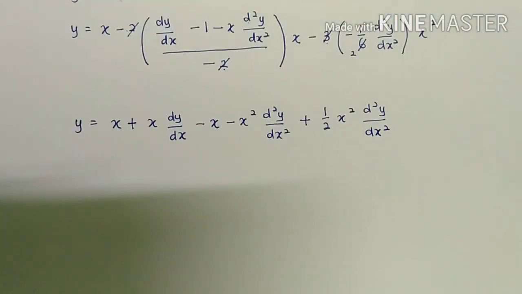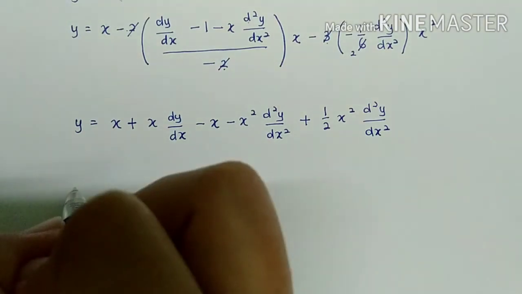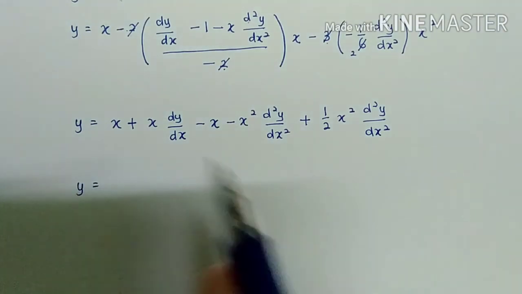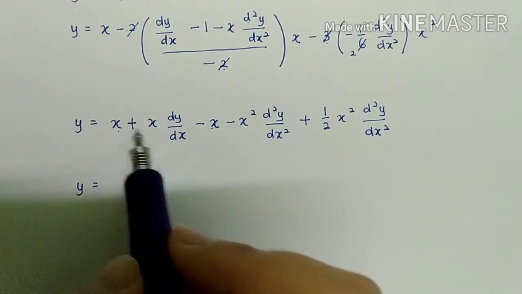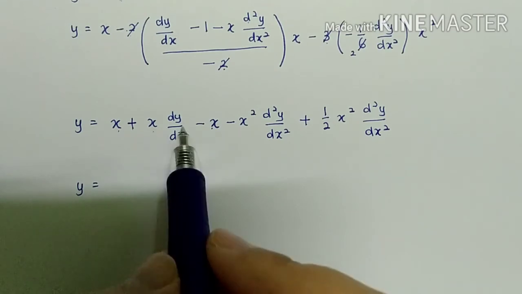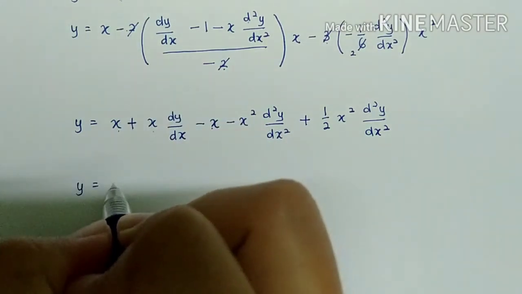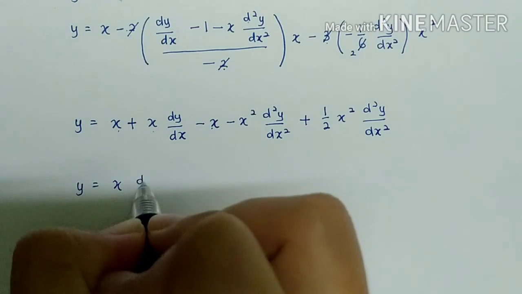We simplify again. So we have x, 1x minus 1x is equal to 0. And then positive x dy dx. So x dy dx.